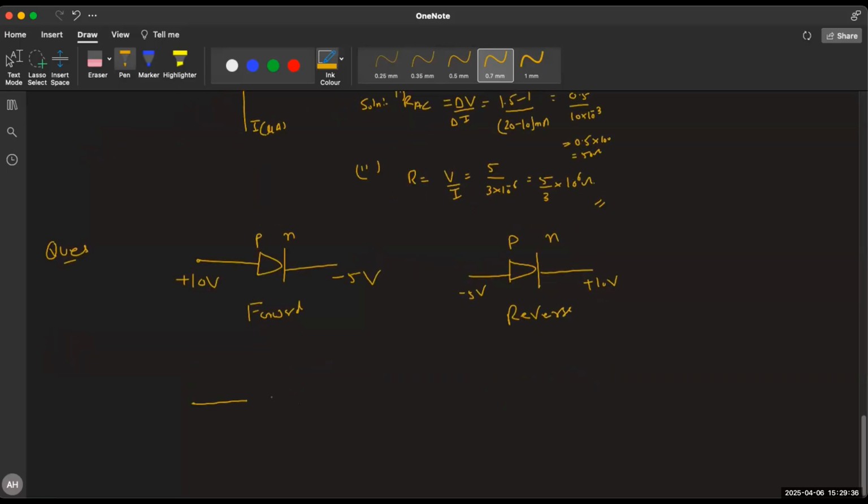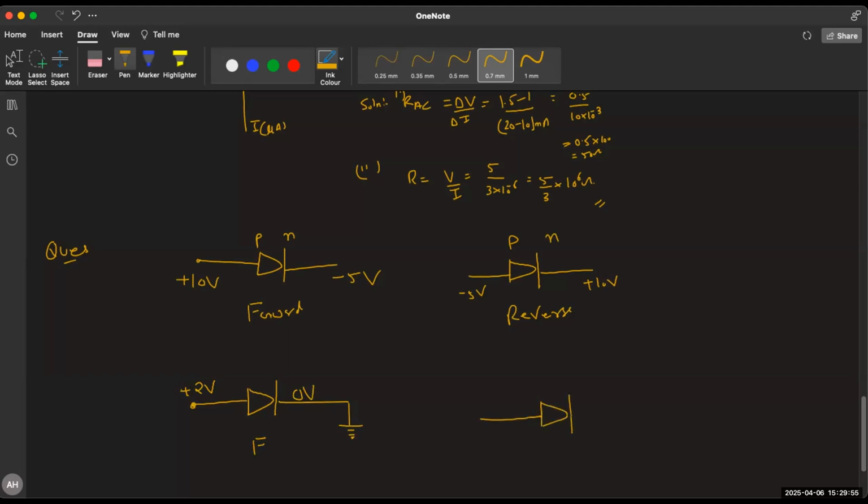Similarly, if P is plus 2 volt and N is earthed, earthing means 0 volt. P at higher, N at lower, this is forward biased.